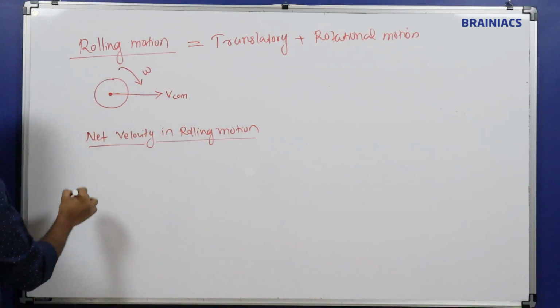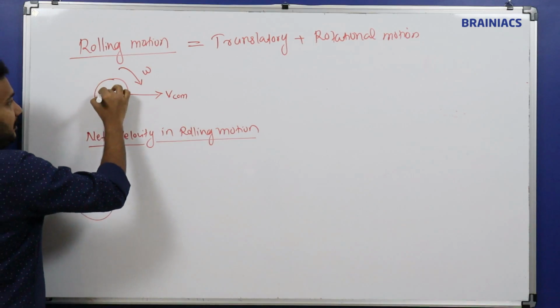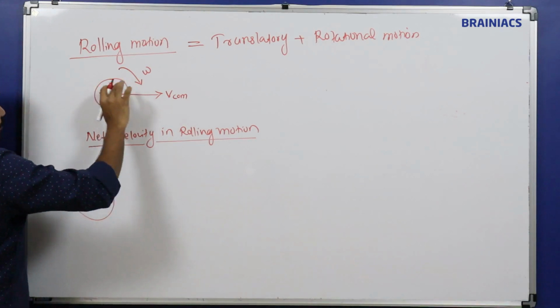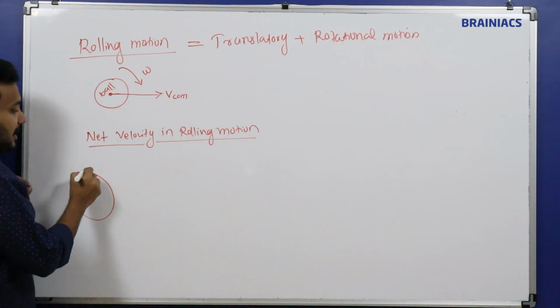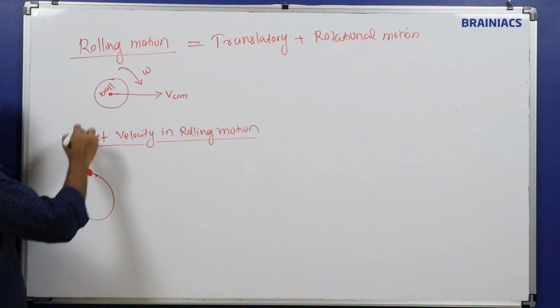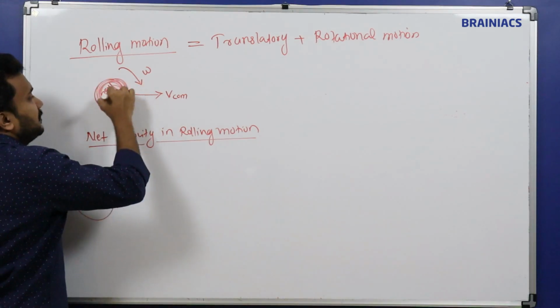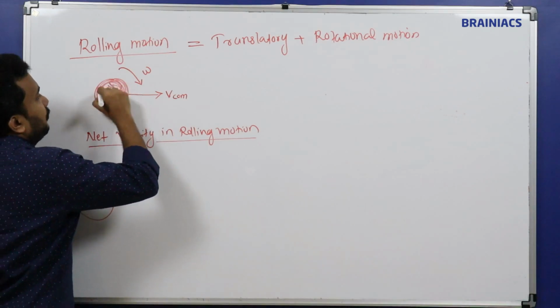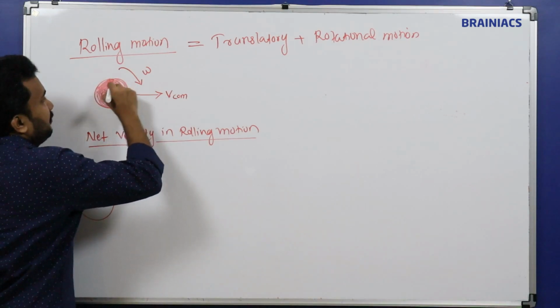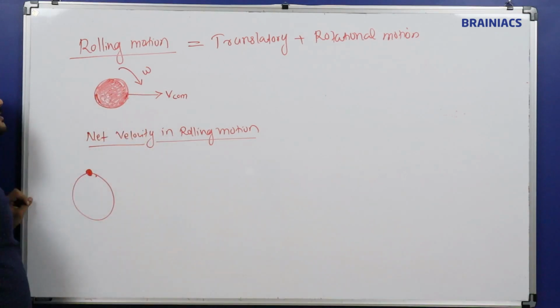Suppose this is a circular motion. Earlier this was a full ball, so the center of mass will be here. Now I am assuming this is the ball. Previously this full stuff is a ball, which will be occupied with the center of mass.